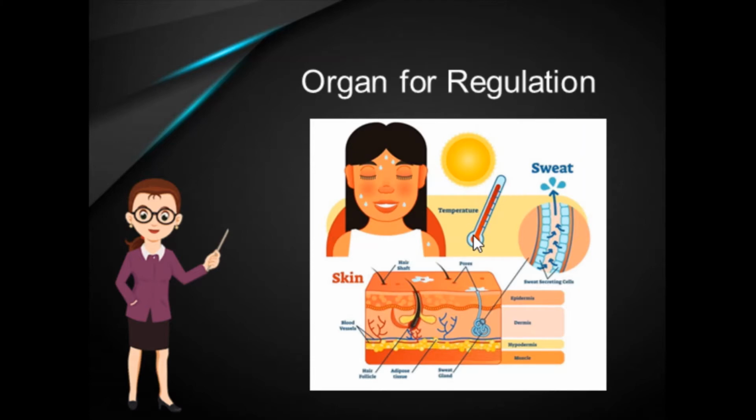It regulates the temperature of a person. It also produces sweat since the skin has its own sweat glands. It controls the temperature of a person, and at the same time, it regulates the sweat coming out of the body.